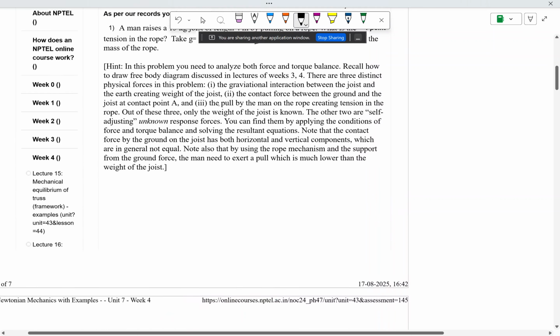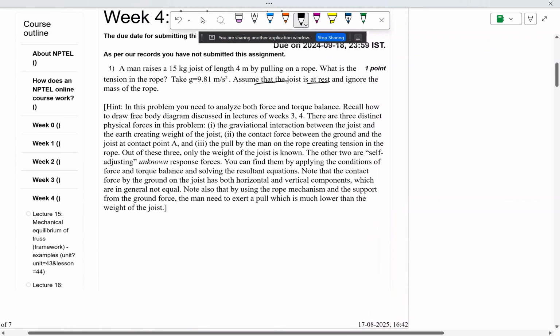Now, there is a hint that is mentioned for this problem. Because this is the first problem, there is an elaborate hint that they have mentioned to you. So let us also read that and then get started with the solution. The hint is that in this problem you need to analyze both force and torque balance.